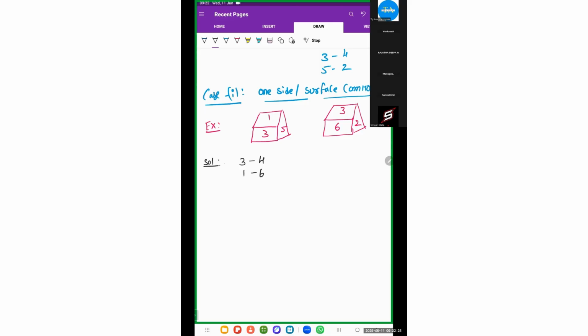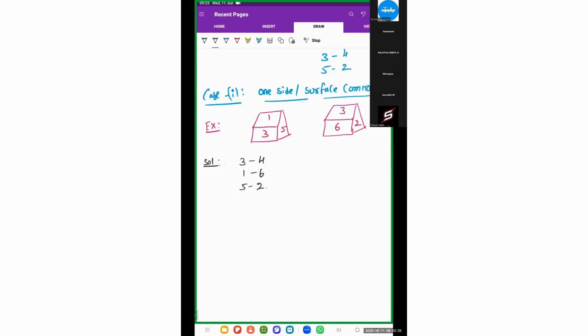So when only one dice is given, we can say 3 opposite is 4, 1 opposite is 6, 5 opposite is 2.